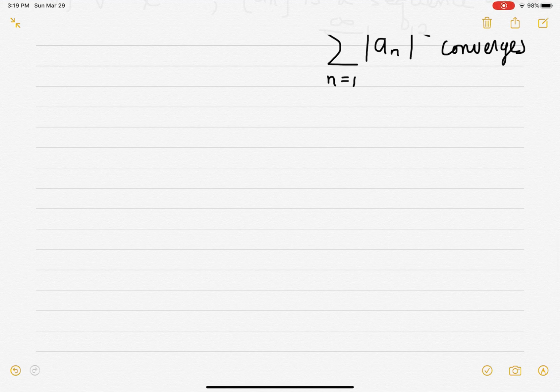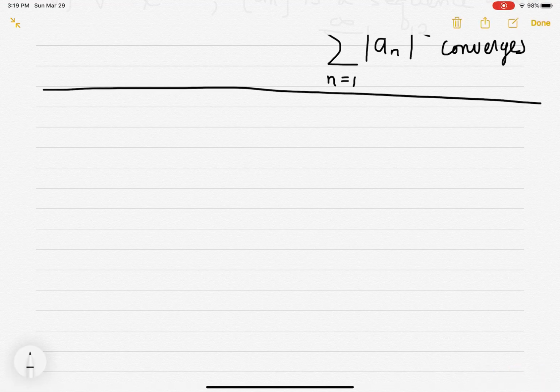Okay, so that's the abstract definition of a vector space. We want to move on. What is a subspace? Here's another definition.